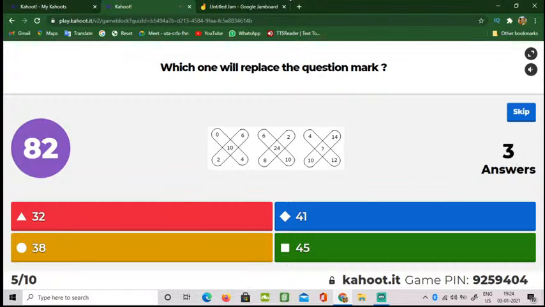So I've got three answers. I repeat the hint. If you add all the numbers and subtract 2 from that number, you'll get the correct answer.